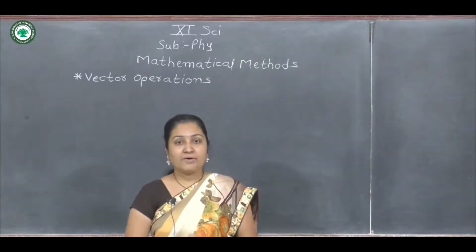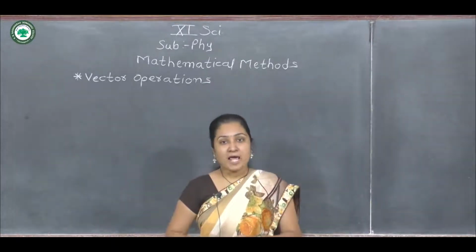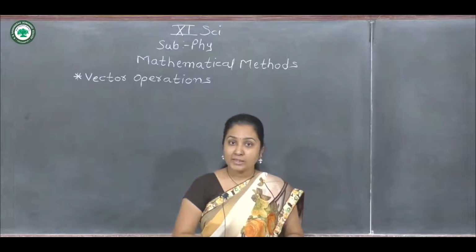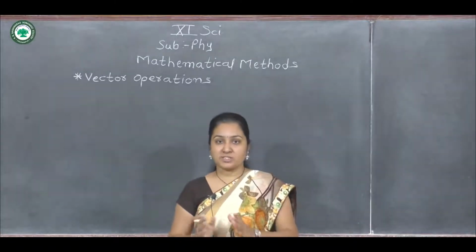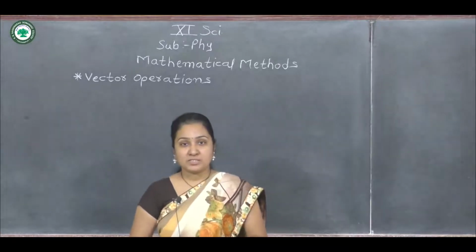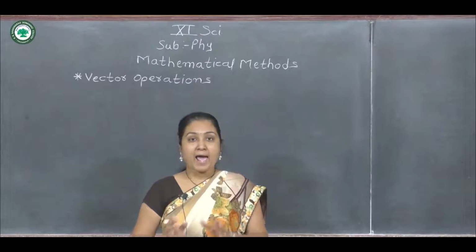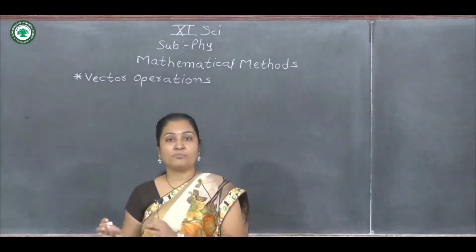We know that vectors are physical quantities which can be described by magnitude as well as direction. So, while performing vector operations, we have to consider the magnitude of a vector as well as the direction of the vector.